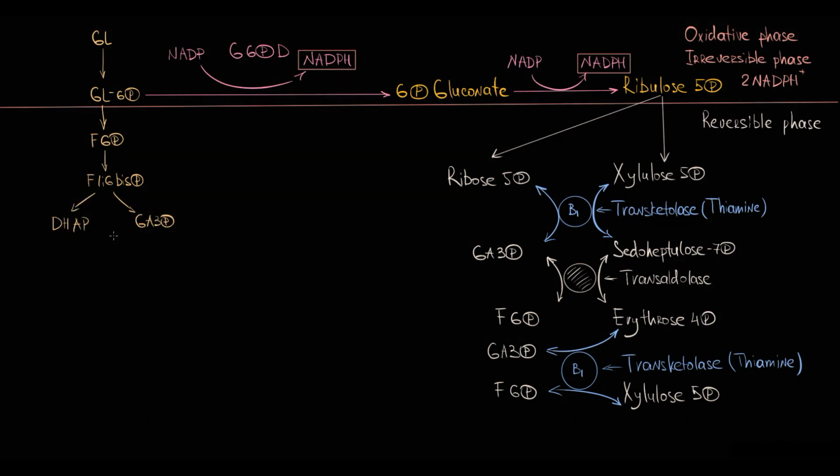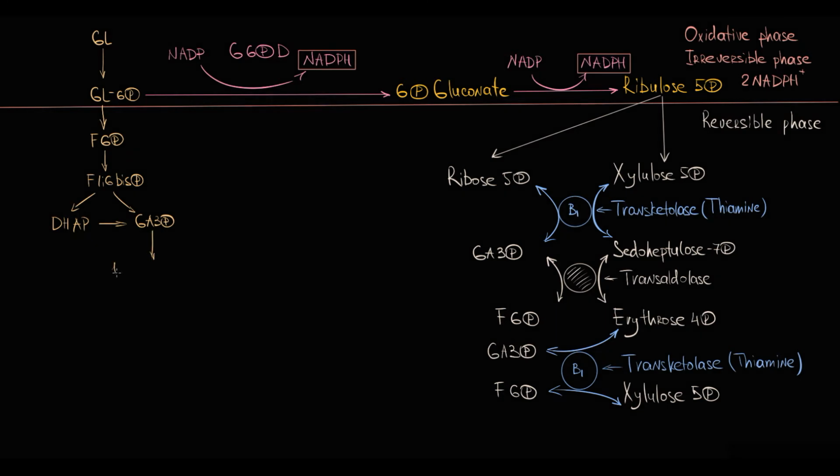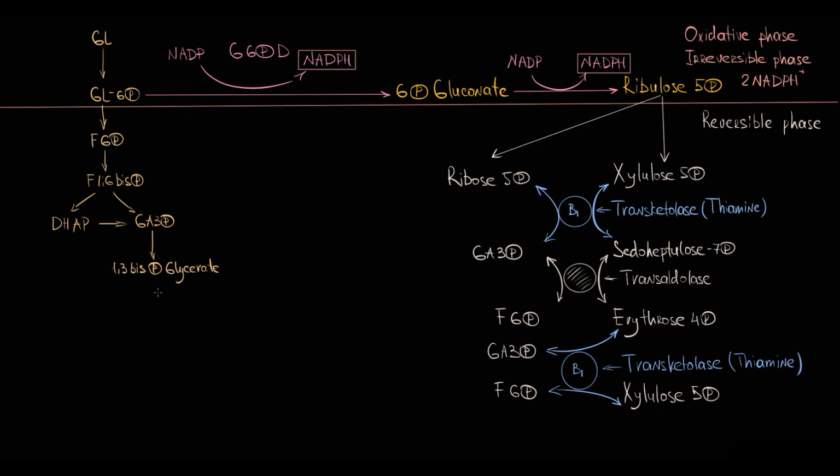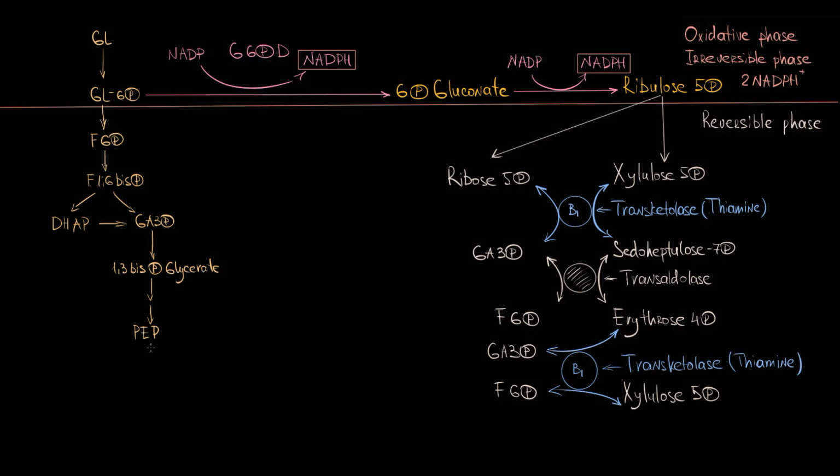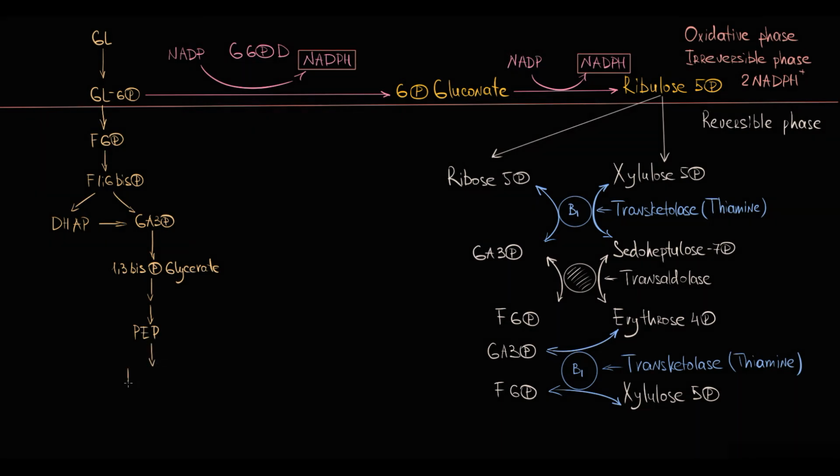Then dihydroxyacetone phosphate is converted into glyceraldehyde 3-phosphate, and glyceraldehyde 3-phosphate is oxidized to 1,3-bisphosphoglycerate. Then during glycolysis, 1,3-bisphosphoglycerate through 2 consecutive reactions is converted into phosphoenolpyruvate, and then phosphoenolpyruvate is converted into pyruvate. And pyruvate, as we know, is the final product of glycolysis, and most of pyruvate molecules are converted into acetyl-CoA that are used for energy production.